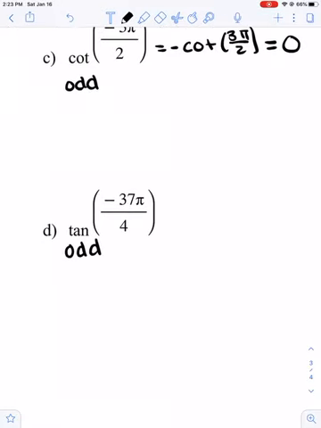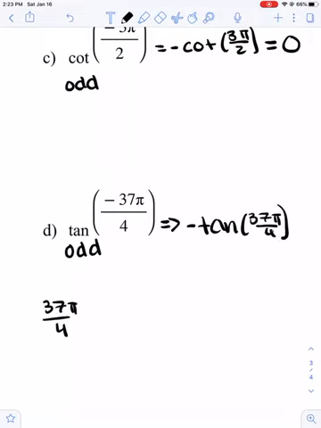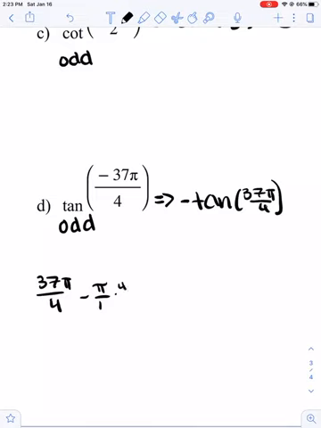So let's just start with saying this would equal negative tan 37 pi over 4. But we're going to take 37 pi over 4 and start subtracting pi. And we are going to change this to have a common denominator. So it's 37 pi over 4 minus 4 pi over 4.